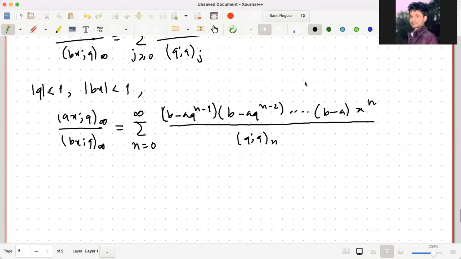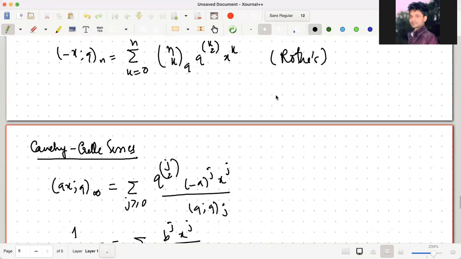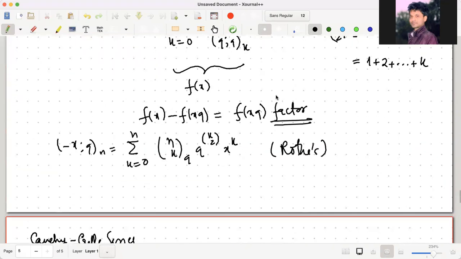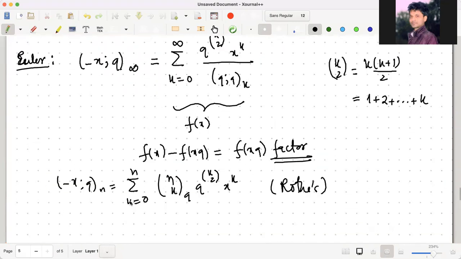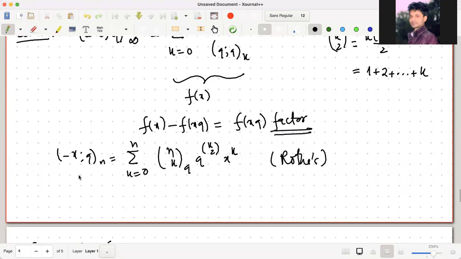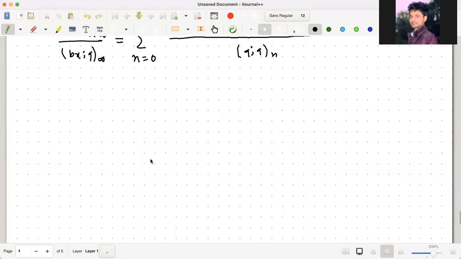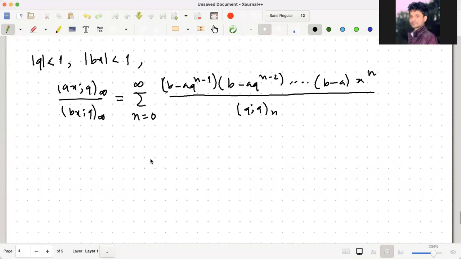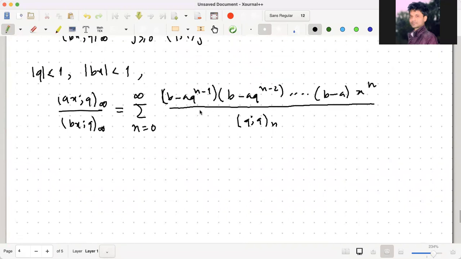This part should remind us of Rothe's q-binomial theorem, which is here already. Instead of minus xq^n, if we write xq^n or bxq^n, then we'll get something like this.